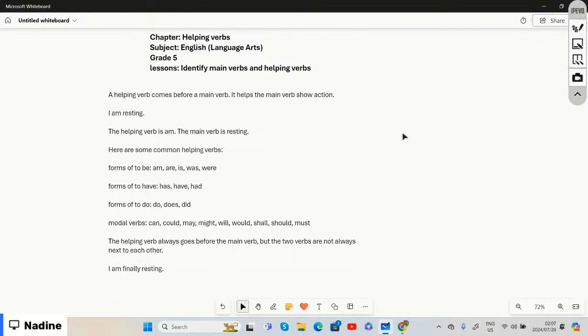And if we're looking at a sentence, right? It says, I am resting. So the word am is a helping verb, and it basically helps the main verb, which is resting.